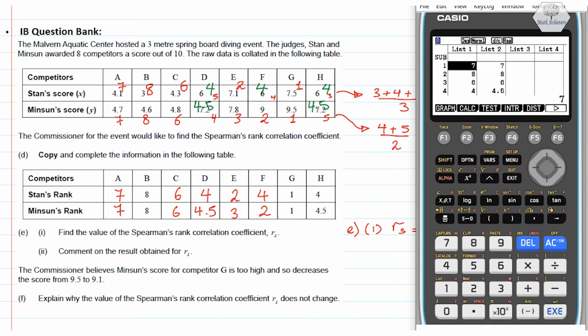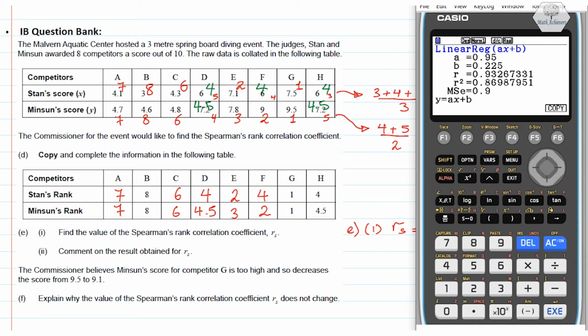Already, I filled them in before, so I have list 1 having Stan's rank and list 2 having Manson's rank. After that, I go to calc, reg, x, and ax plus b. Exactly as finding the correlation coefficient, the Pearson's product moment correlation coefficient.